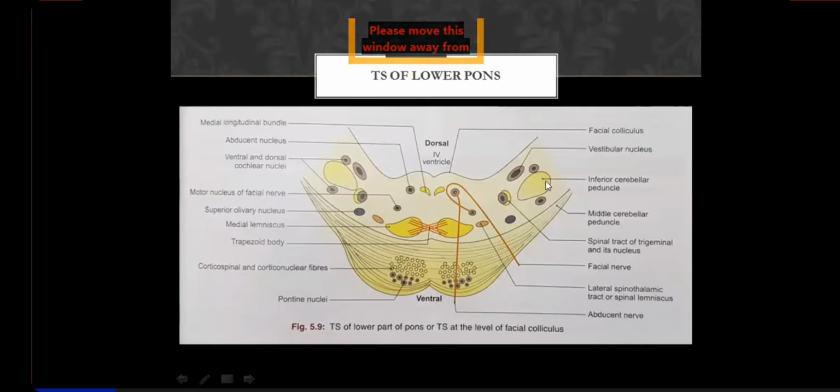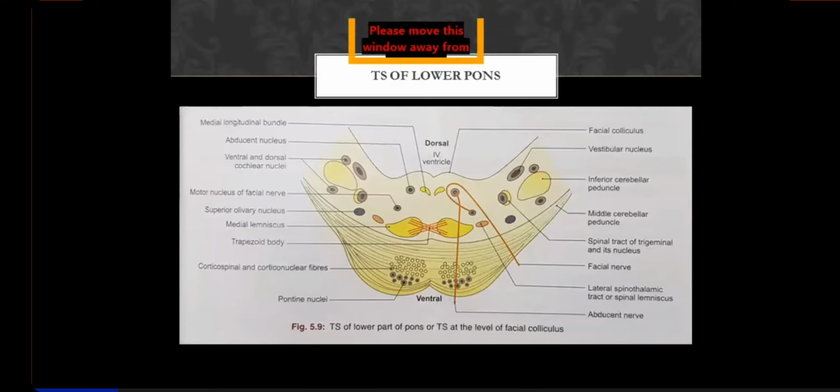And you also find this is the inferior cerebellar peduncle, which will descend down towards the medulla. Similarly, in the pons, you will also find superior cerebellar peduncle, which will reach up to the midbrain.